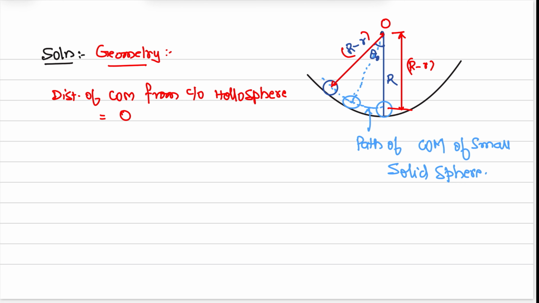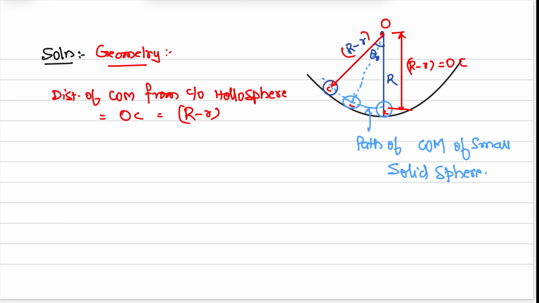This is called OC. Let us call the COM as C. OC is equal to R minus r, because we are doing all the calculations with respect to the COM of the small solid sphere.